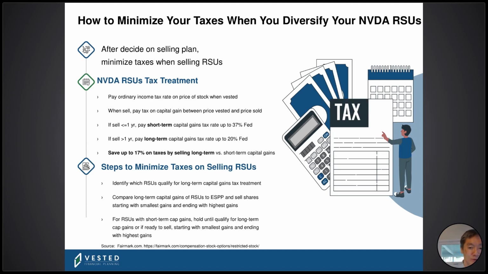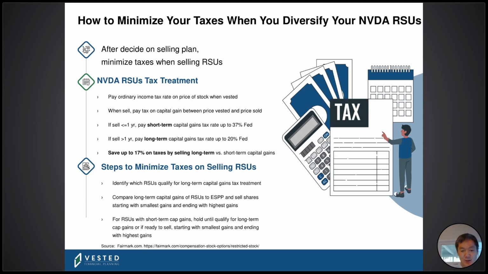So a critical thing to understand is, do you have short-term or long-term capital gains? If you sell long-term versus short-term, you can save up to 17% on your taxes. That's the highest, the 37% for short-term versus 20% on federal. That's a 17% difference. On $1 million, it's $170,000. It matters.